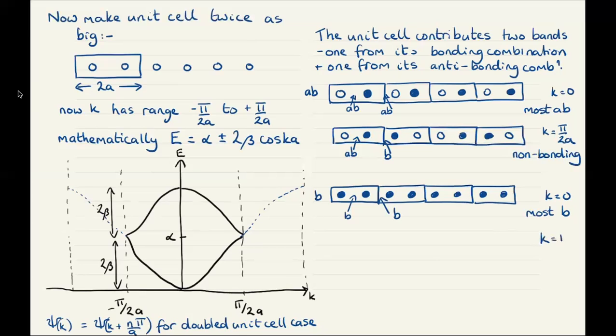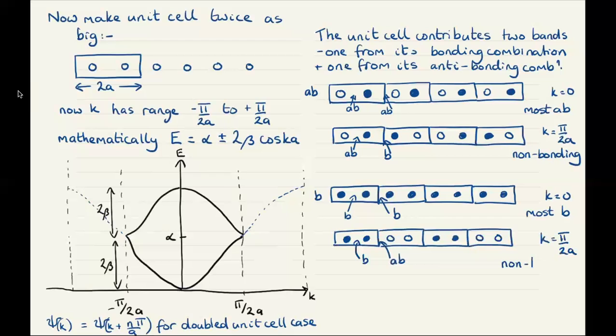Now we do the same for the combination that's bonding within the unit cell. We'll reverse the phase between the unit cells. And we see that although it was bonding within the unit cell, it's now antibonding between the unit cells.